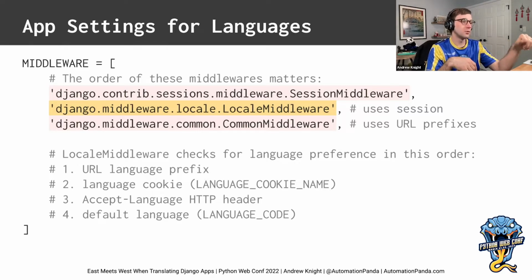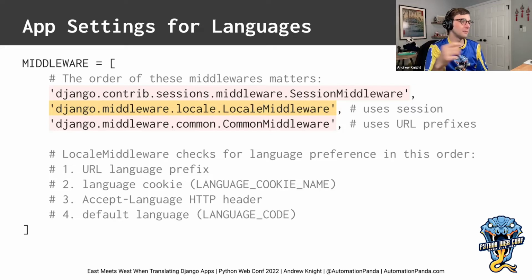So first, what it looks for is if there is a URL language prefix in your full URL. Things like, do you have EN or ZH? We'll see that in a little bit. URL prefix is preeminent. If it has that, boom, that's the language you're using. Second thing it'll look for is if you have a language cookie in your request to indicate what language you want.